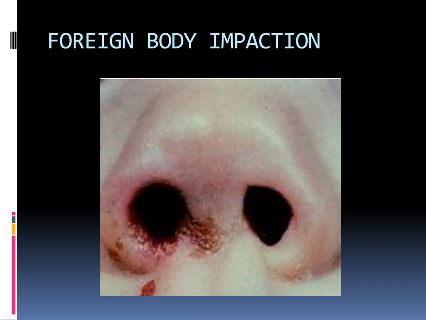When a mother takes her child to a clinician and says the patient has nasal discharge or nasal infection or nasal obstruction, if you are not foreign body minded, you can pass it as any infection in the nose.